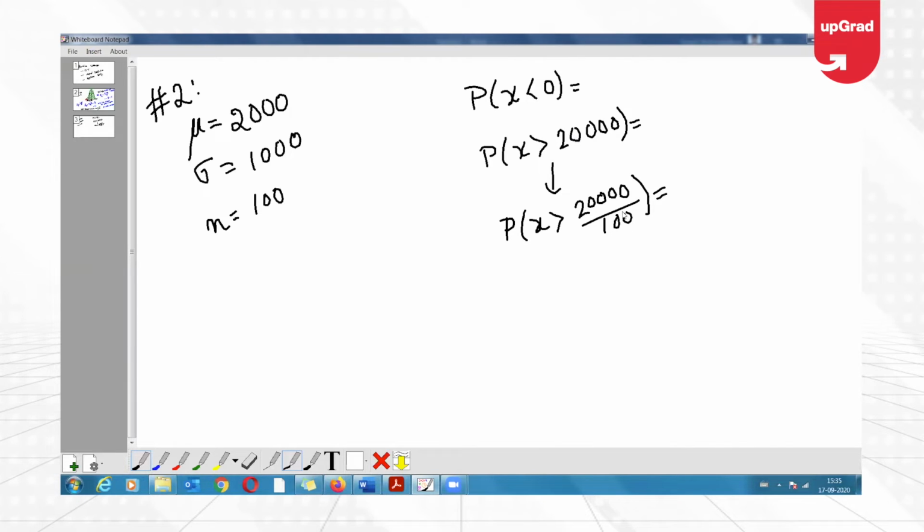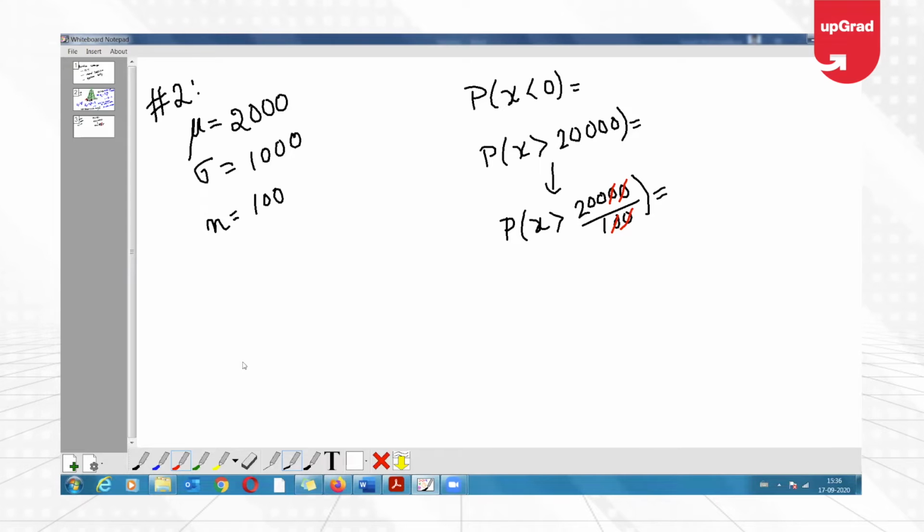We want to find out per trade, because mean and standard deviation, all of them signify per trade. So we want to find out the probability of making a profit greater than 200.